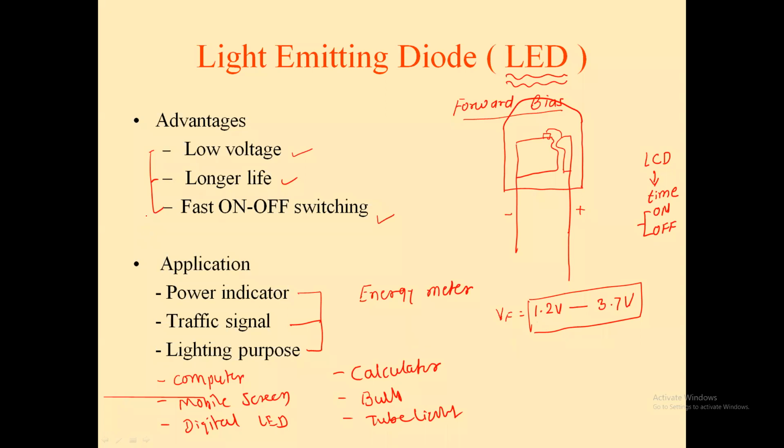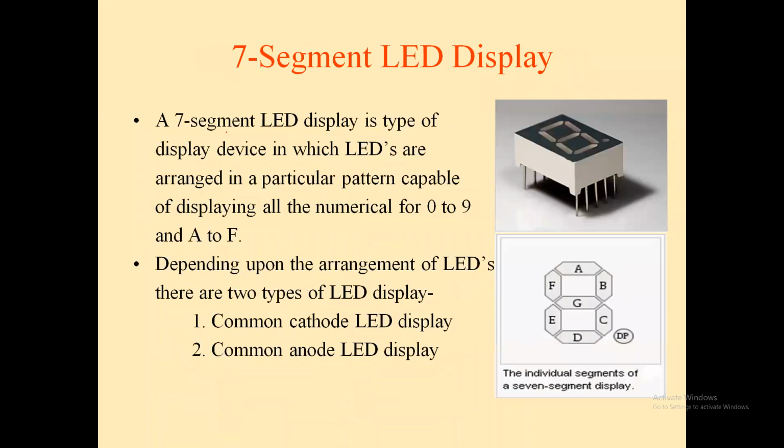Is it right? Now this single LED actually has very limited application, but with the help of a combination of LEDs, one device is formed, and this device is very popular in LED applications. That device is called a 7-segment LED display device. What is the meaning of 7 segment?